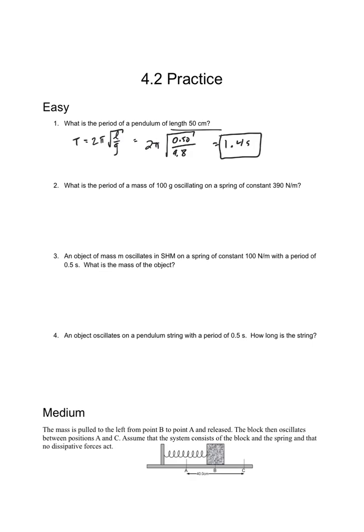Next, let's go ahead and find the period of a mass of 100 grams oscillating on a spring of constant 390 newtons per meter. Since this is a spring, my period is equal to 2 pi times the square root of my mass divided by my spring constant, or 2 pi times the square root of my mass in kilograms, so 0.1 kilograms, divided by my spring constant, 390.